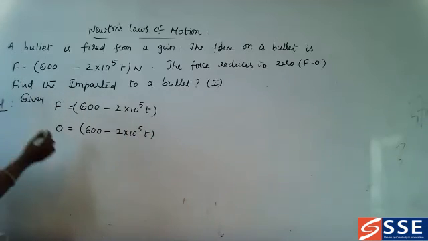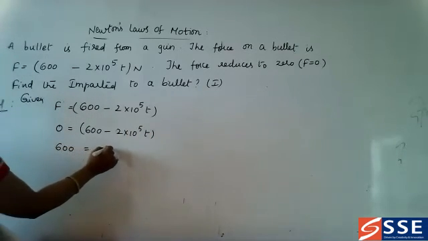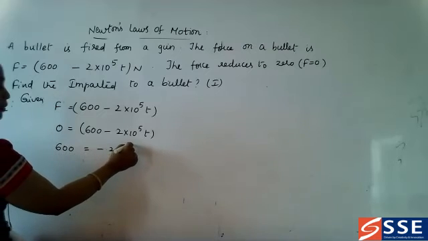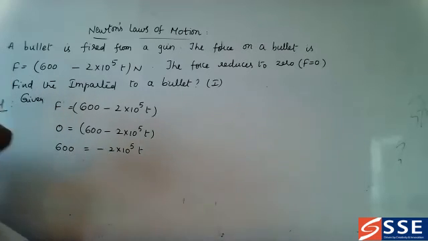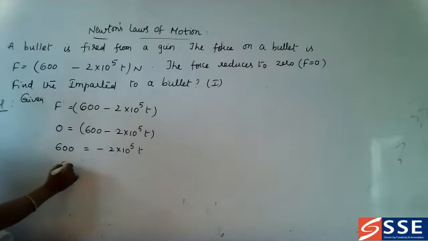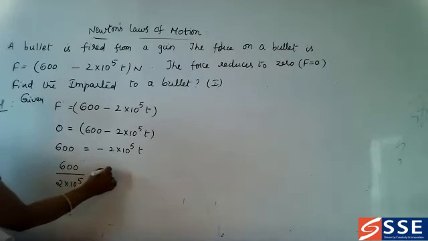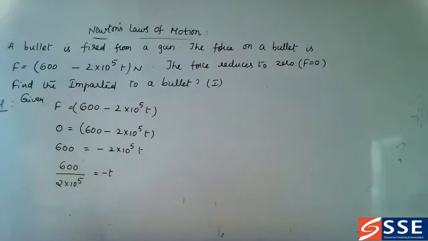You can write this as 600 is equal to 2 into 10 power 5 into t, or 600 by 2 into 10 power 5 is equal to t. So what is the value of t?